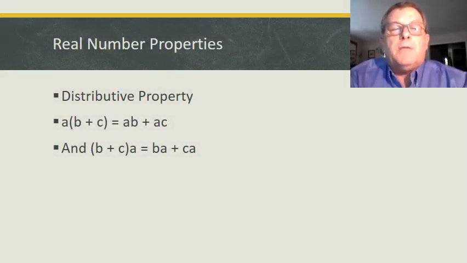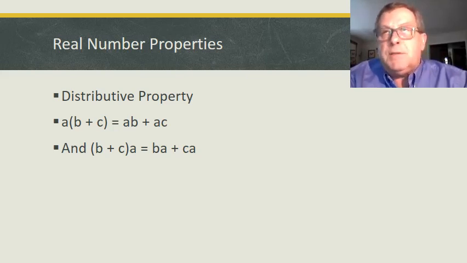And so lastly, we're going to look at the distributive property. We're looking here at the example. A is going to be multiplied by both of the terms inside the parentheses, in this case B plus C. A times, in parentheses, B plus C, is equal to AB plus AC.